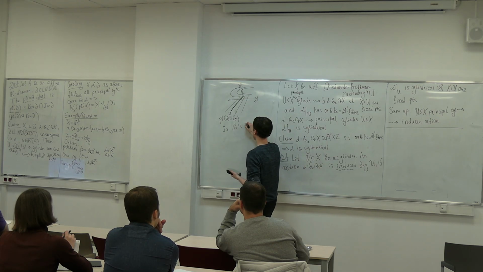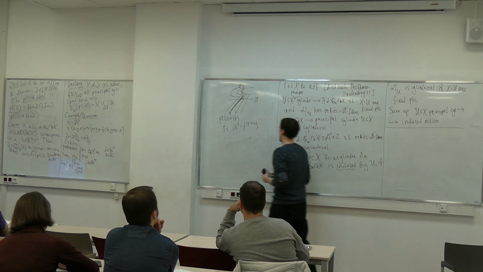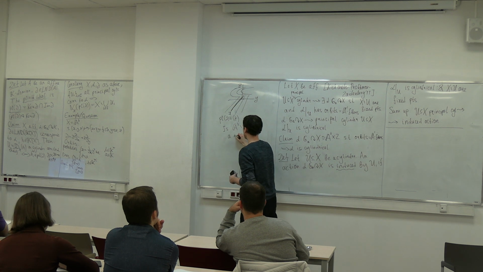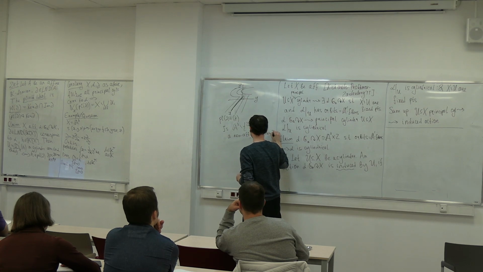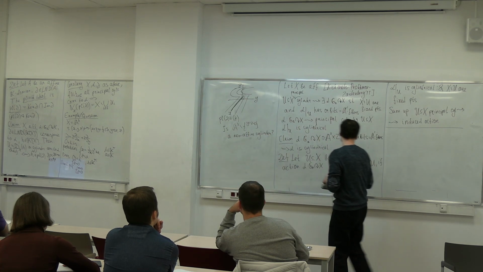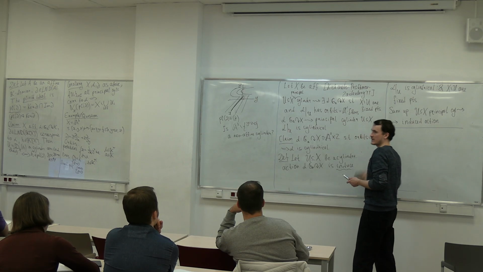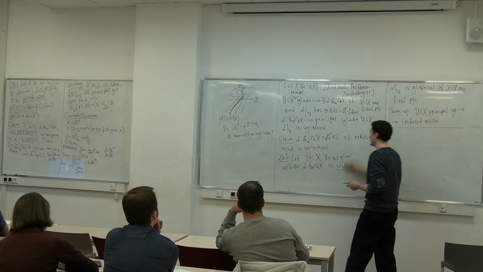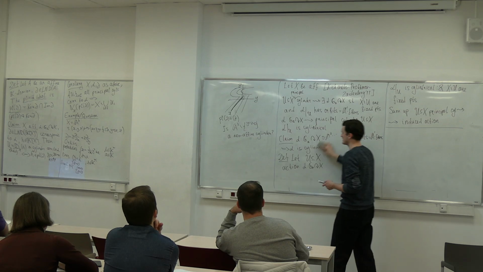So is A3 without y equals z equals 0 a non-affine cylinder? That's the question, not because it's hard, but because I was too lazy to think about it. I think it's pretty doable, and I think the answer is no.